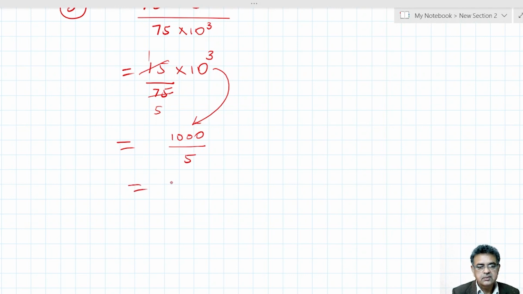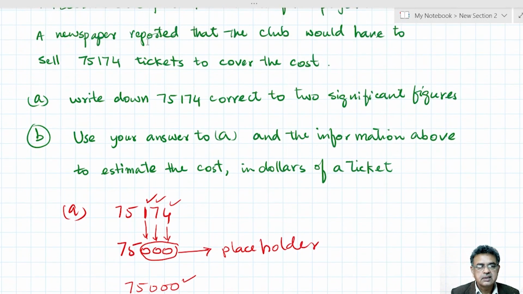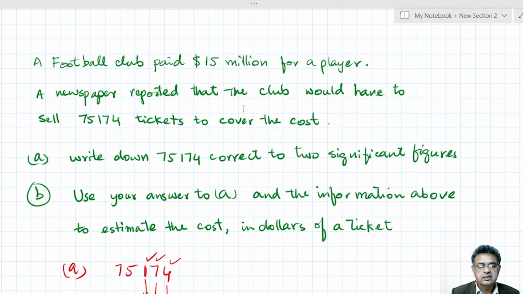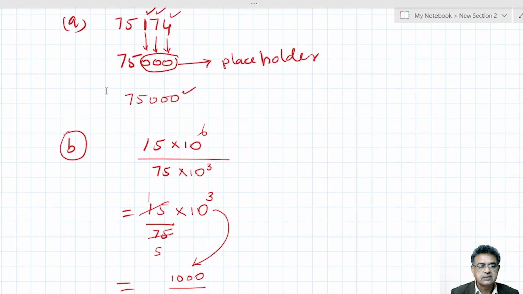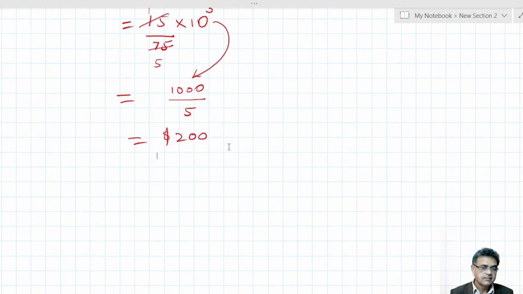So that answer is 200. That means if they have to cover this cost of $15 million by selling 75,000 tickets, then the cost of one ticket must be at least $200.